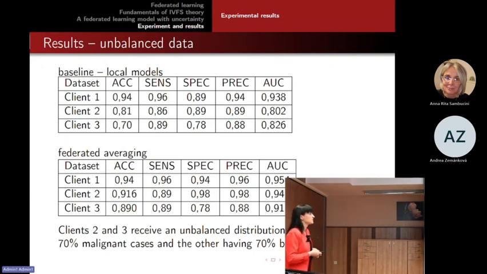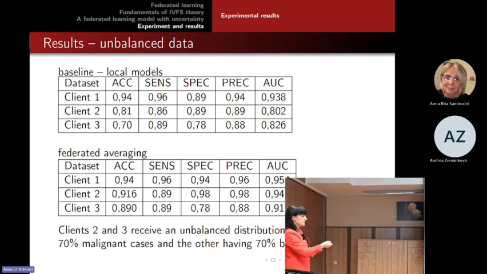So here we concentrate on this, and what we see for unbalanced data is a very low level of effectiveness for the local models. It is better when we use the federated learning model with arithmetic mean as the aggregation method.